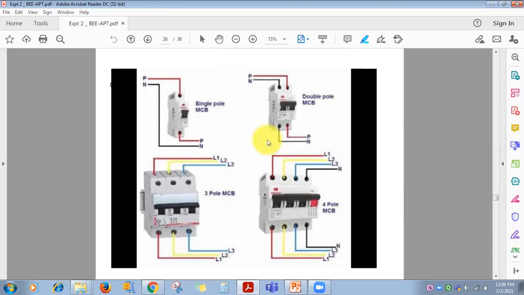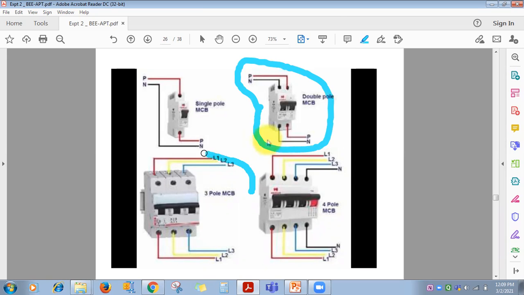Now see here, this is the live phase, and it can be with red, yellow, or blue color insulation. The black one is neutral. The first MCB is called a single pole MCB, and it is there only in the live phase. This one is for phase and also for neutral, so it is called a double pole MCB.